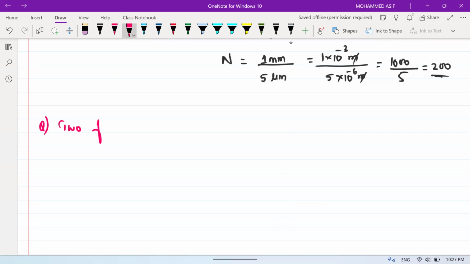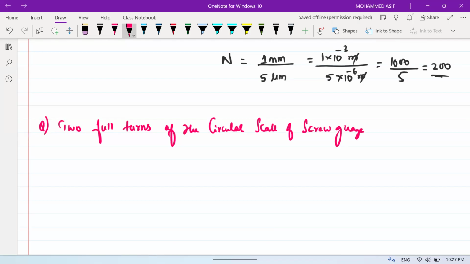2 full turns of the circular scale of a screw gauge covers a distance of 1 mm on its main scale.